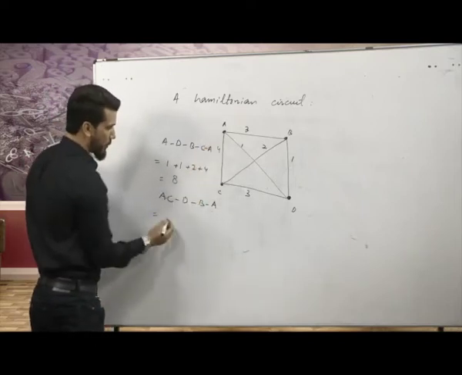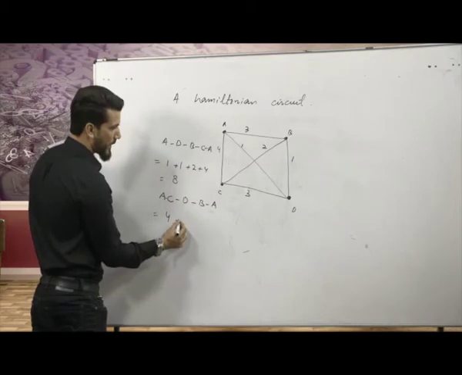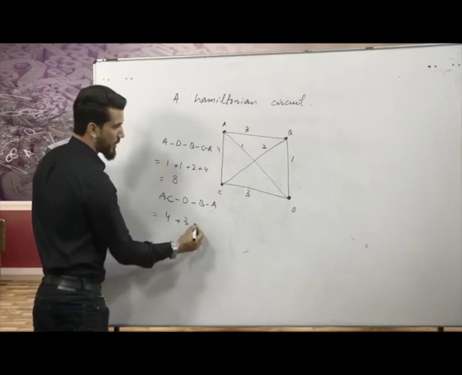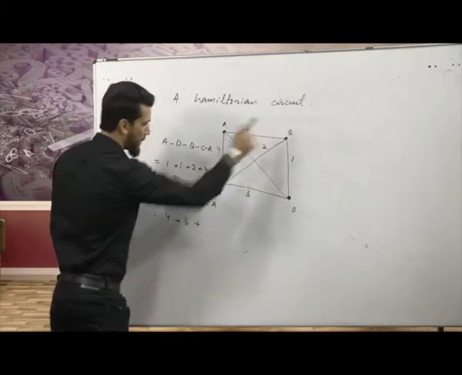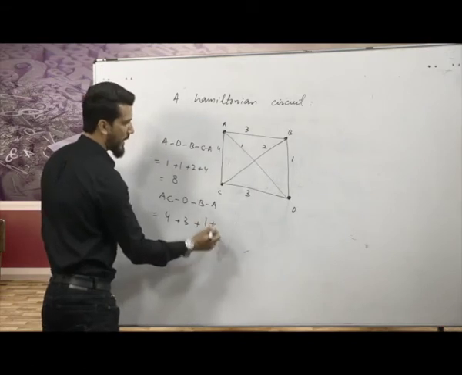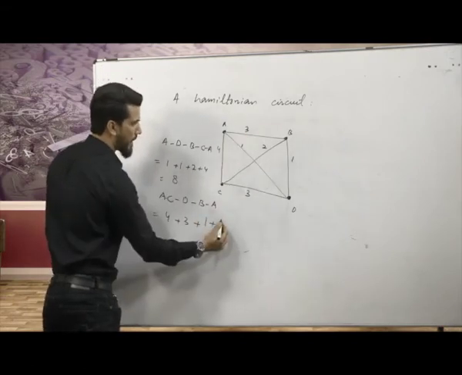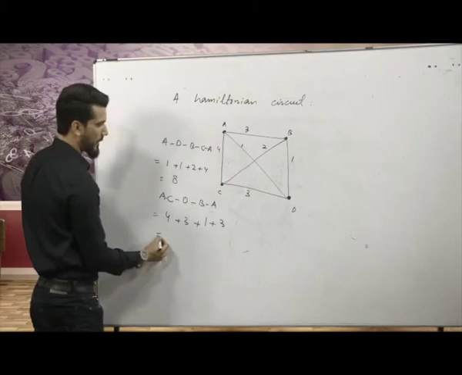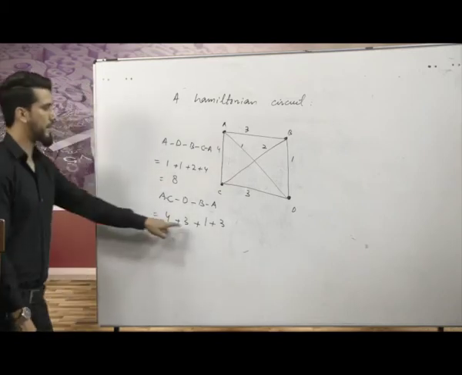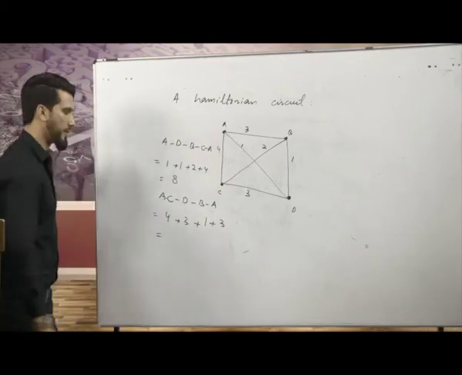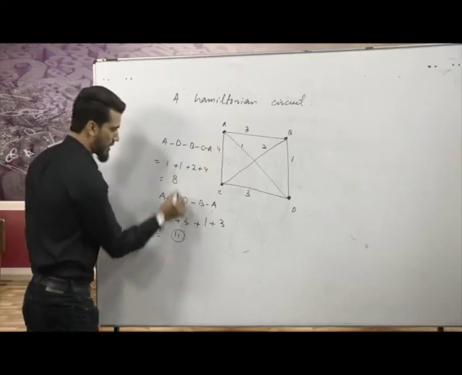It will be A to C is 4, plus C to D is 3, plus D to B is 1, and from B to A is 3, right? And it is equal to 4 plus 3 is 7, 8, 8 plus 3 is 11. The total cost is 11.